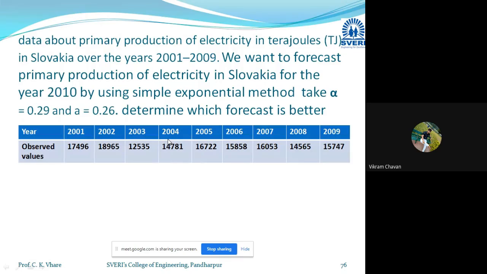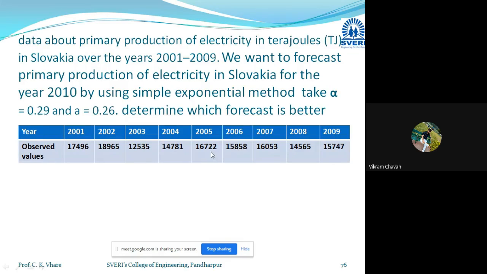Then in 2004, observed value is 14,781. Then in 2005, observed value is 16,722.